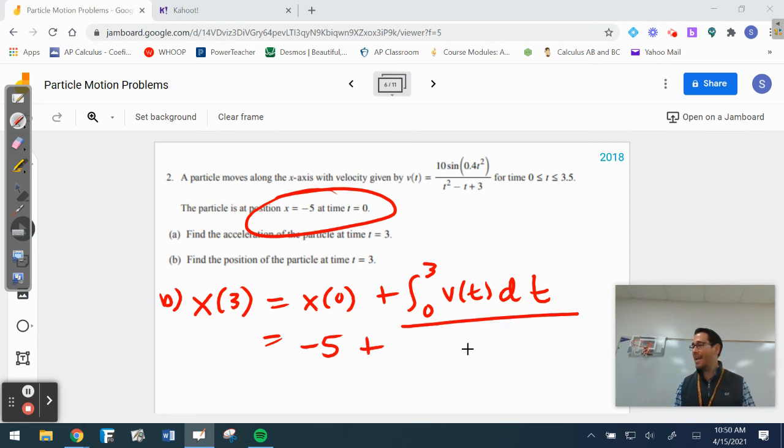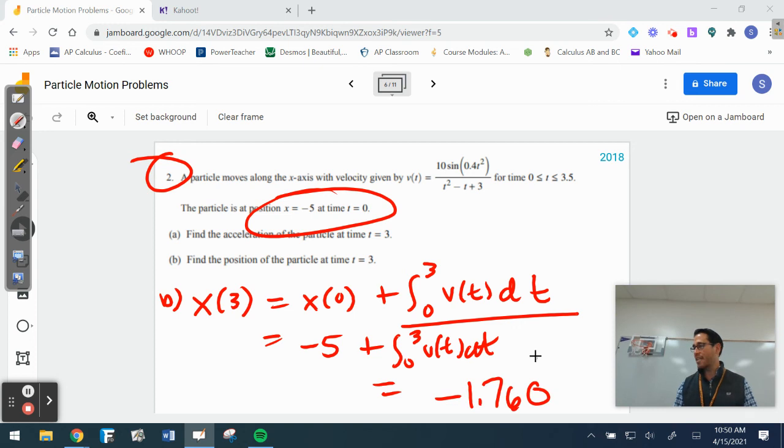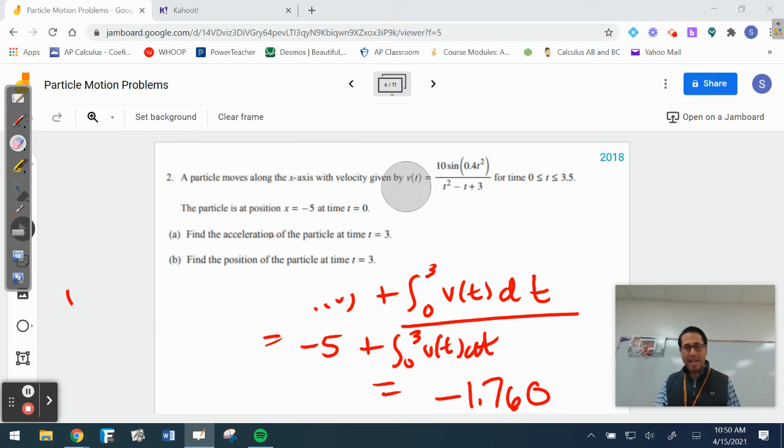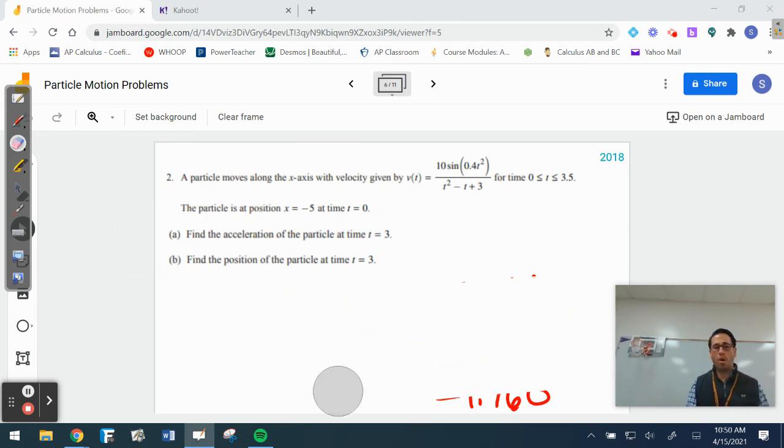That's a math 9 question. And if you do all of that correctly, right, you don't even have to do any of it by hand because it is a number 2. You get an answer negative 1.760. And sweet, that was worth 3 points. So let's be honest, nice and easy, right? I should be 4 of 4 right now.